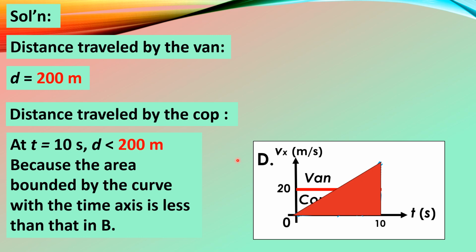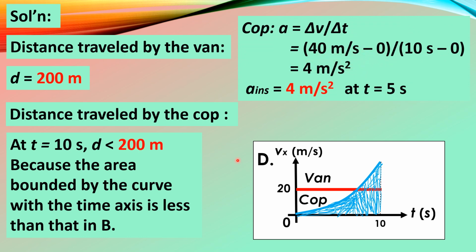But we can also consider its acceleration. If that graph is not a curve, if it is a straight diagonal line, we can say that the average acceleration of the motorcycle is also equal to 4 meters per second squared, as shown in this working.